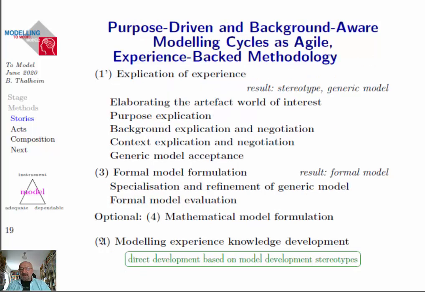In this case, we explicate our experience, we elaborate whether it is sufficient, we look whether the purpose is properly supported, and then we can develop a somehow stereotyped model that is based on generic models. That means on our experience we have gained so far, and then we can add maybe, even as an optional feature, mathematical model formulation.